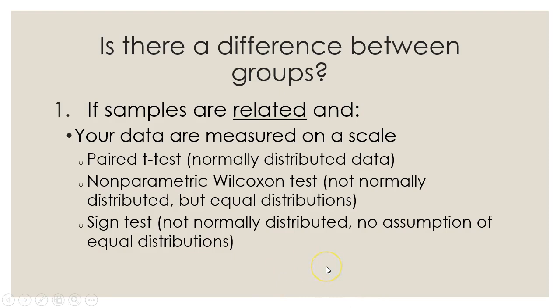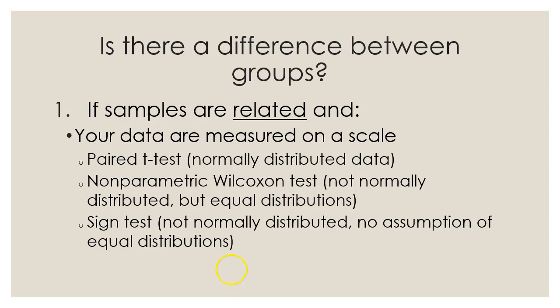So now you have to go and look at the distribution of your variable of interest. So let's keep that cholesterol example. So if you're looking at blood cholesterol, but the distribution of blood cholesterol in your control group is different than the distribution in your intervention group, then the sign test is the one to be used, because it does not assume that those distributions are equal.